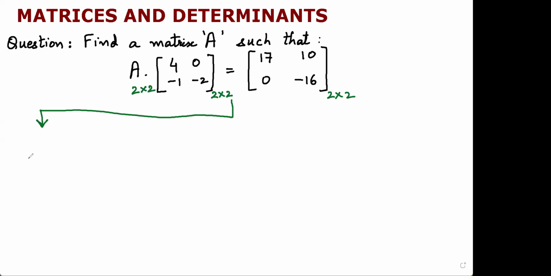So A is a 2 by 2 matrix. So we can suppose that elements of A are P, Q, R, and S. And then we can write the second matrix, 4, -1, 0, -2.